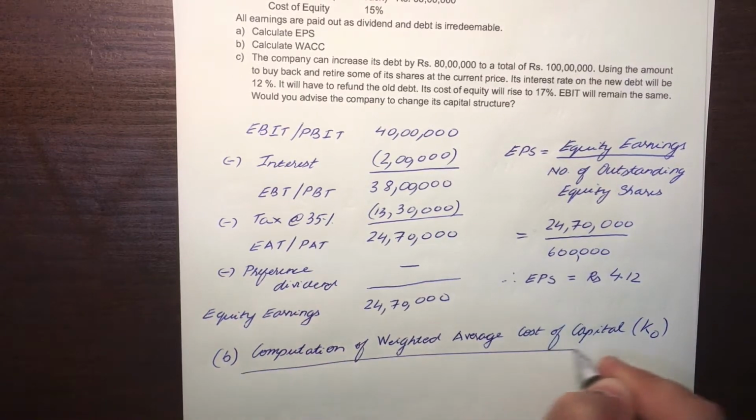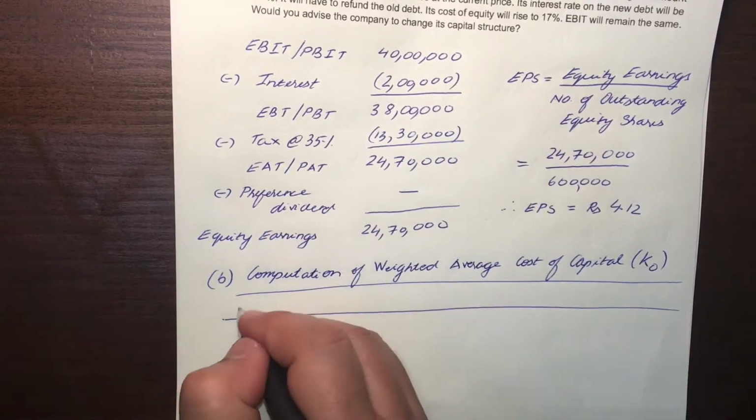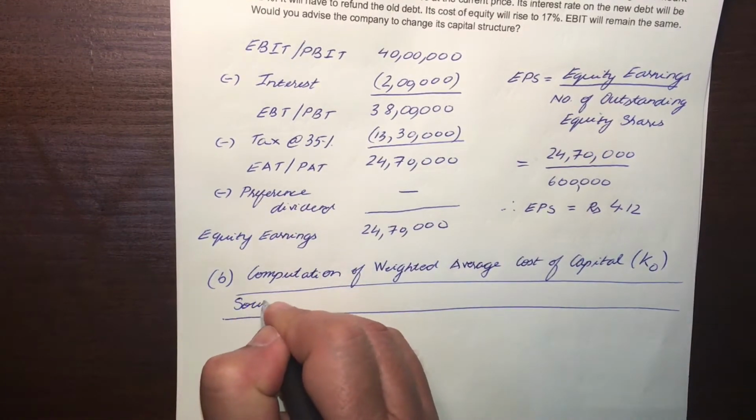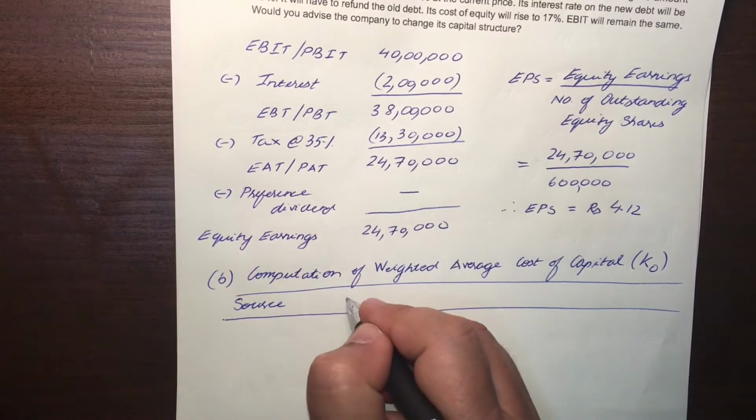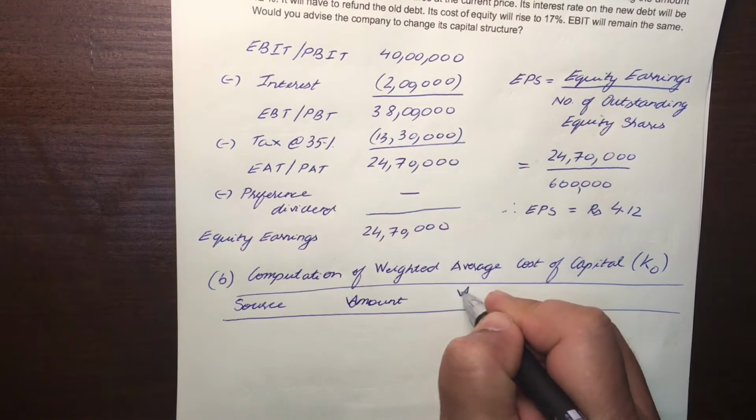All right, WACC. So you show the source of funds. All right, show the amount, show the after tax cost.